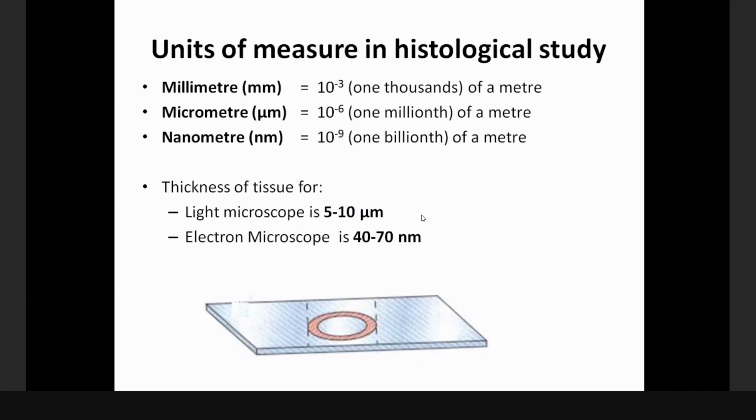But now a question arises. I'm saying that to study this meat, our tissue, has to be sliced down to about 10 micrometers. But how is it possible to get such a very thin slice of the tissue? It is not possible to slice it in an ordinary manner.